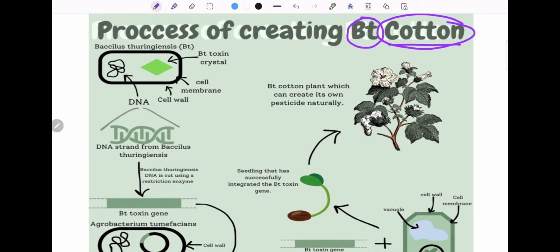It's a plant and it's a bacteria, so we are incorporating a specific type of bacterial gene which is responsible for producing Bt toxin into the cotton plant, so that this plant can protect itself from getting harmed by the insect. Okay, is it clear?